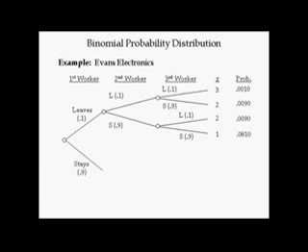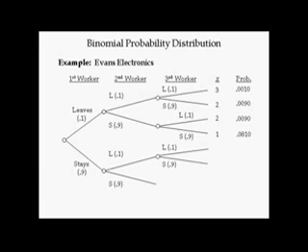Given the first worker stays, the second worker can stay or leave. Given the first worker stays but the second one leaves, the third worker can either stay or leave. If the first worker stays but the second and third leave, x equals 2. The probability of stay, leave and leave equals 0.9 times 0.1 times 0.1, which equals 0.0090.